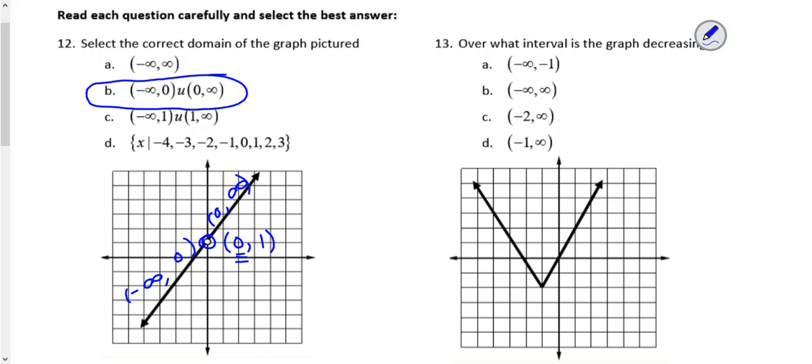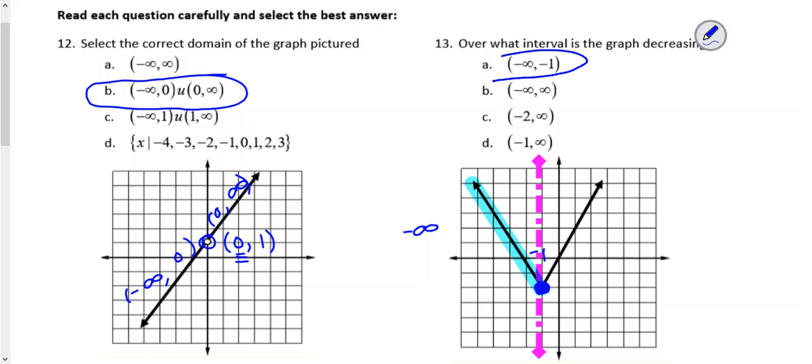13, over which interval is the graph decreasing? So if I got my line for my turning point, about right there, and I go to trace my graph, starting on the left, looks like I am decreasing. And since it's on the left, we would say we are decreasing from negative infinity down to this point here, which has an x value of negative 1.